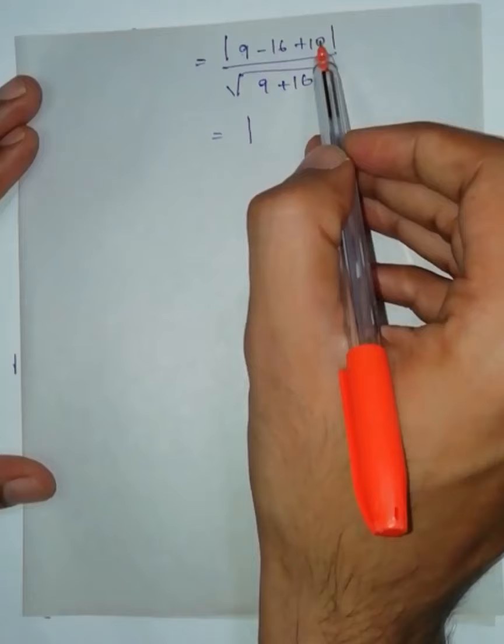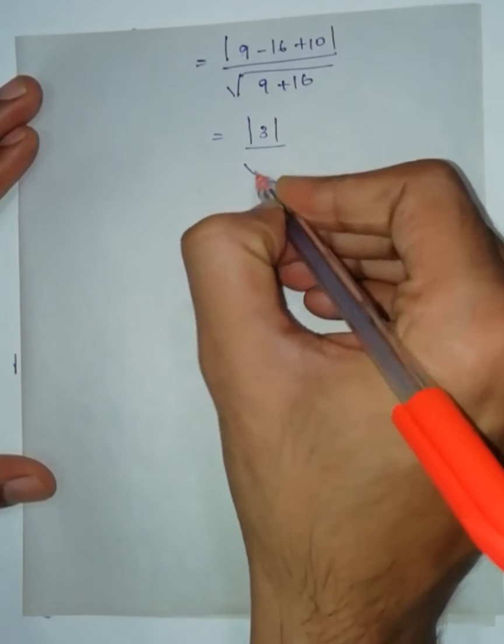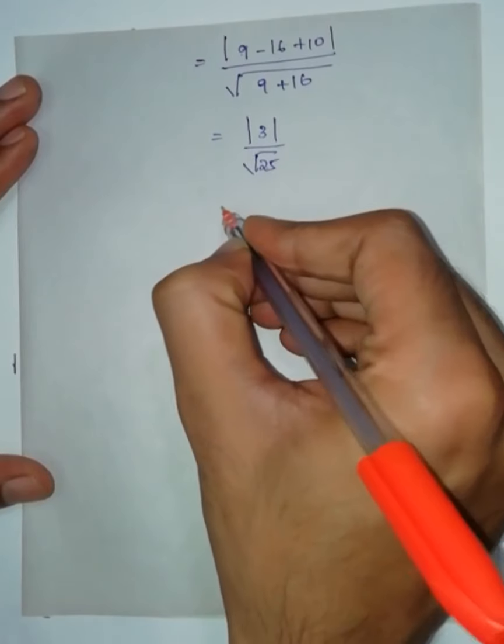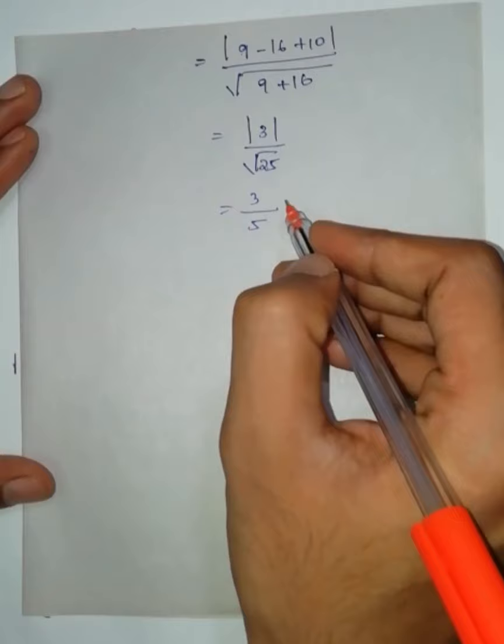Modulus of 9 plus 10 is 19, 19 minus 16 is 3 by under root 25. Modulus of 3 is 3 and under root 25 value is 5.